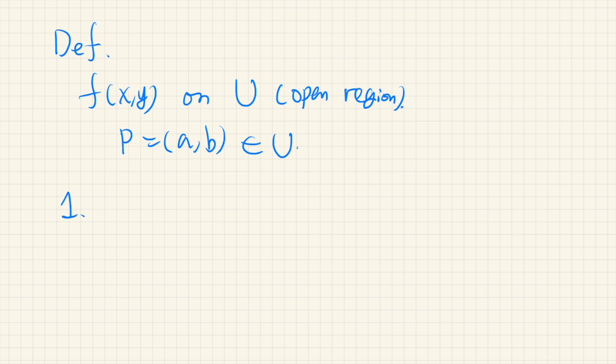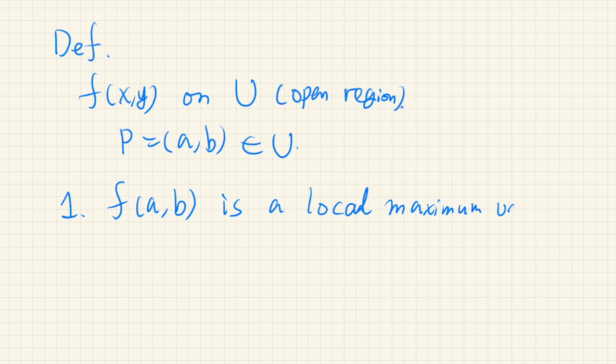First we define local maximum value. So we say f of a b is a local maximum value. What this means is this.